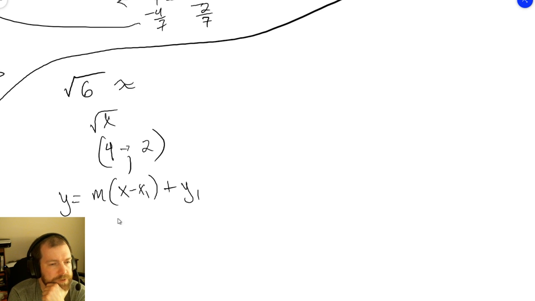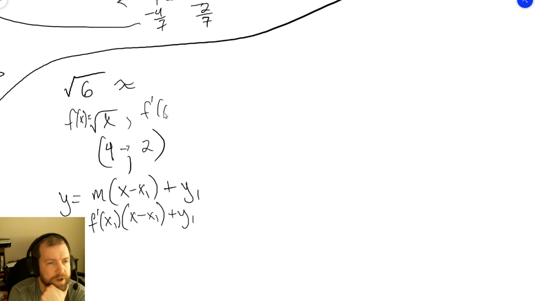Y is equal to, m is really f prime at x1, times x minus x1, plus y1. If f of x is equal to the square root of x, then f prime at x is going to be equal to 1/2 x to the negative 1/2.